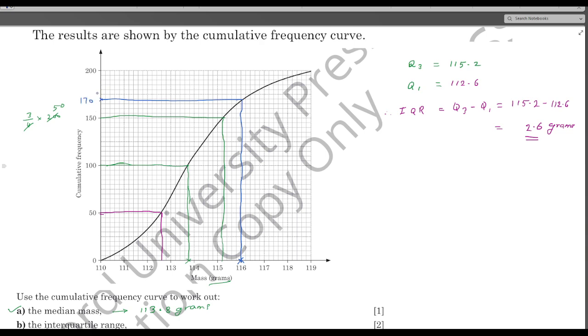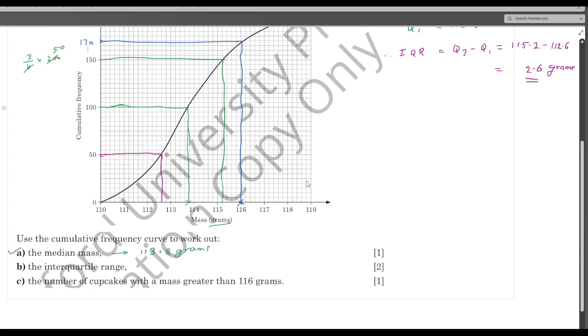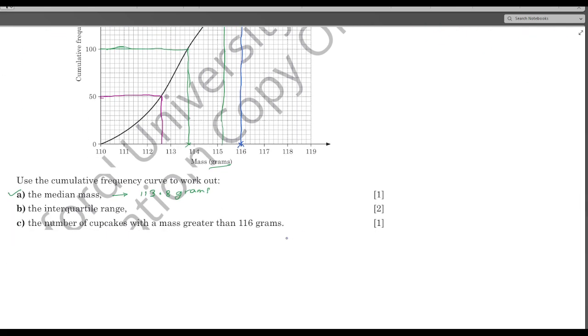Now there are a total of 200 cupcakes, and the number of cupcakes having mass more than 116 gram will be from 170 onwards up to 200. So 200 minus 170, your answer will be 30. So the number of cupcakes with mass greater than 116 gram is 30.